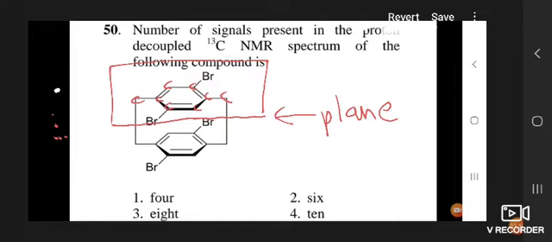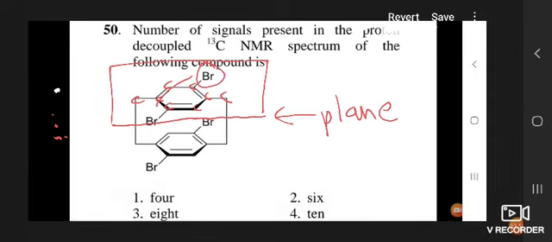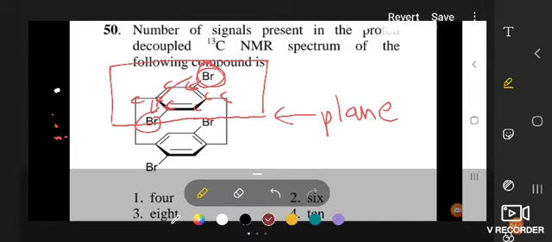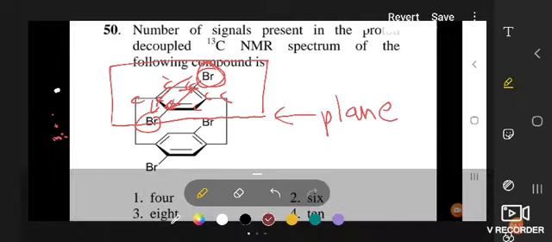So here you can see that this Br is opposite to this Br. That means the carbon to which this Br is attached is similar to the carbon to which the other Br is attached. That means these two carbons form the same group. Similarly, this carbon which has a hydrogen has an opposite carbon which also has a hydrogen.